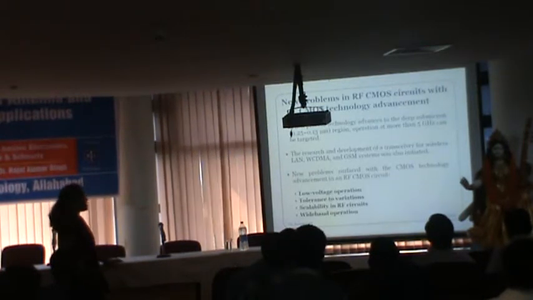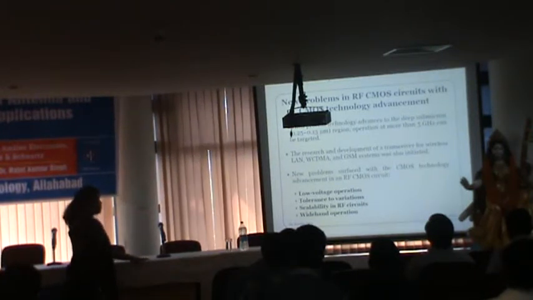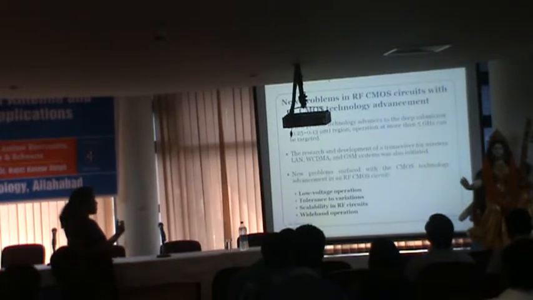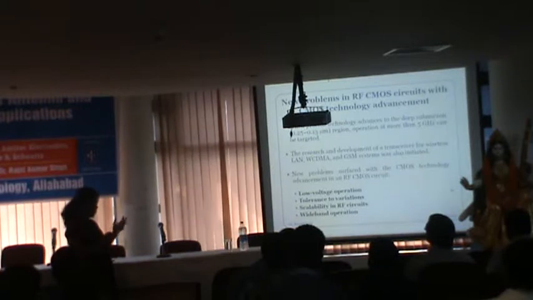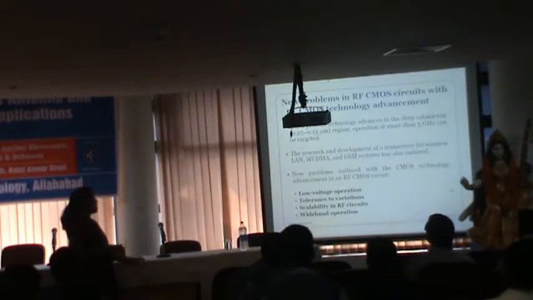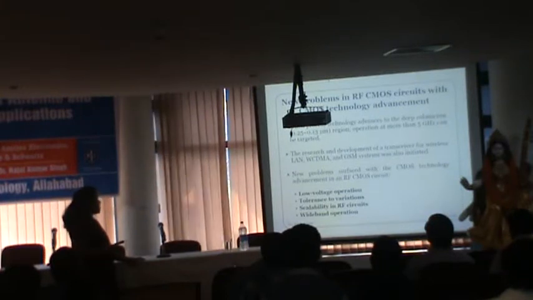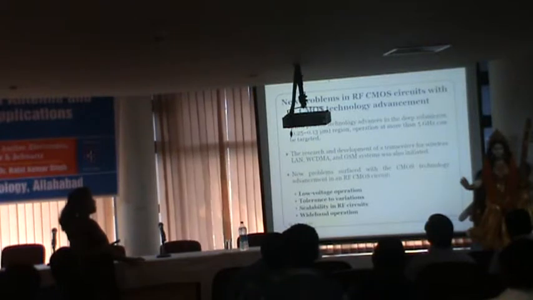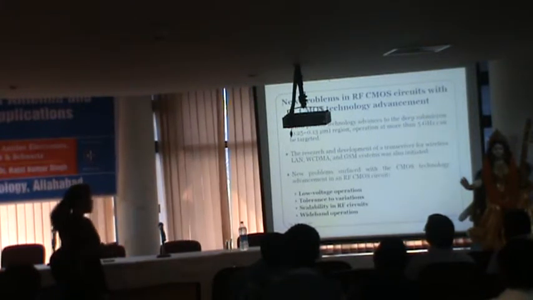So as we are scaling down CMOS technology, a number of problems are coming out because of that. As we advance CMOS technology, we need to think of new circuit topologies, and the challenges are what we will be talking about here. Now, when the process technology went down to around 0.25 and beyond, today we are talking about nanometer technology.